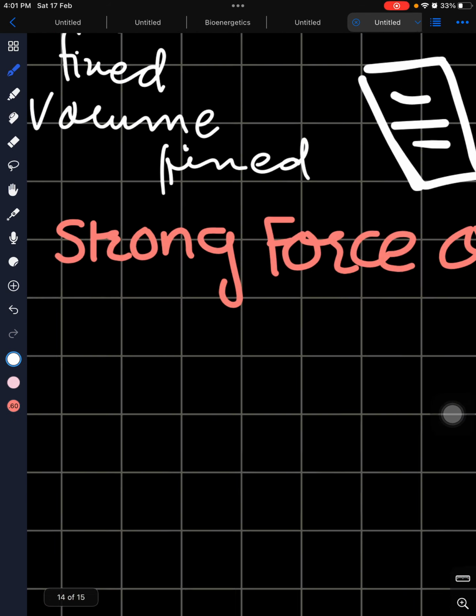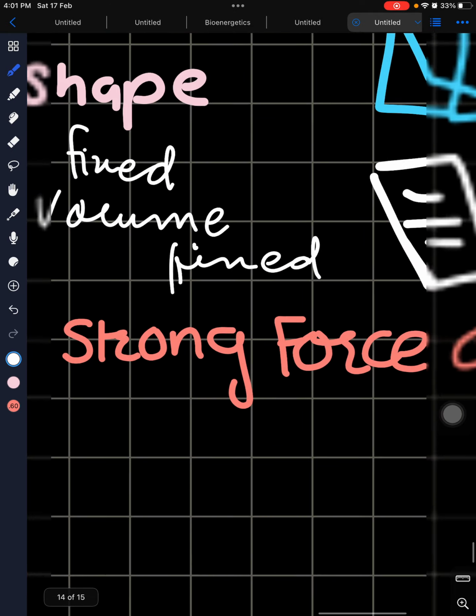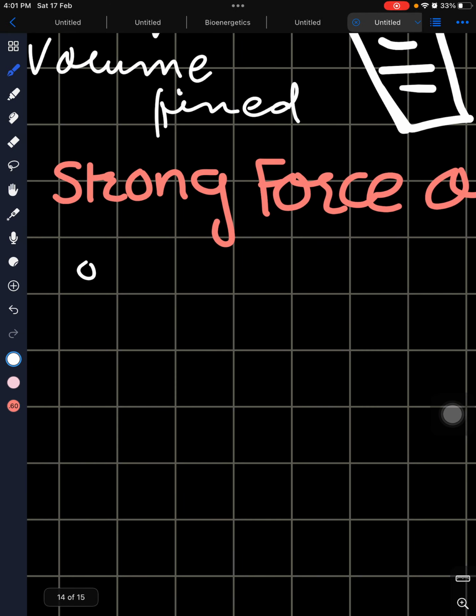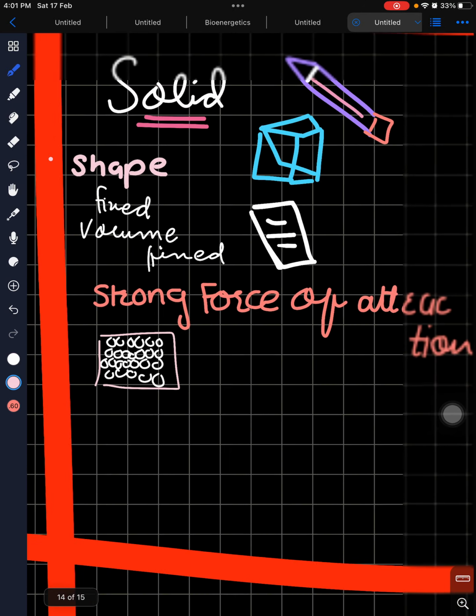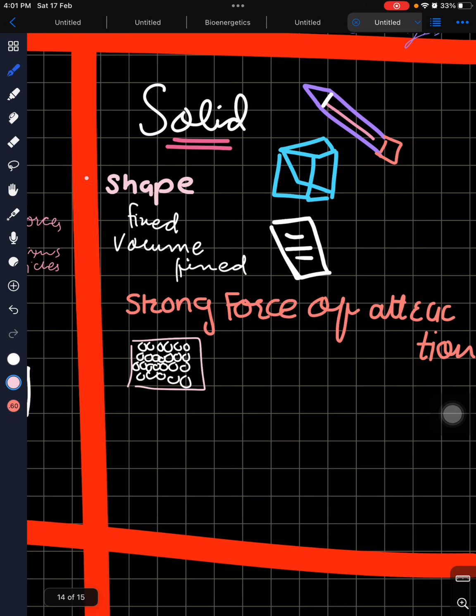Let me clear that. For instance, if we have a solid, it is made of tiny particles, and as I have told you, the particles attract each other. Because solids have a fixed shape, these particles attract each other and make forces together, and that is what we call a strong force of attraction.